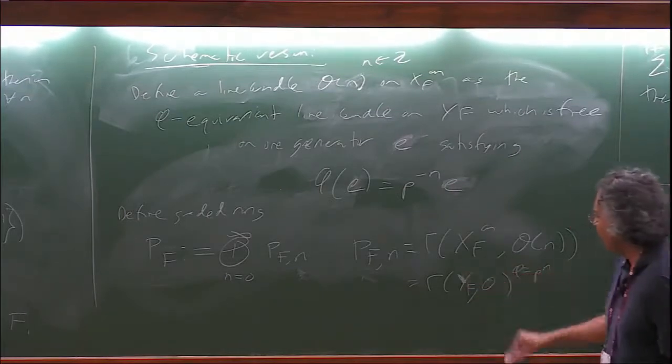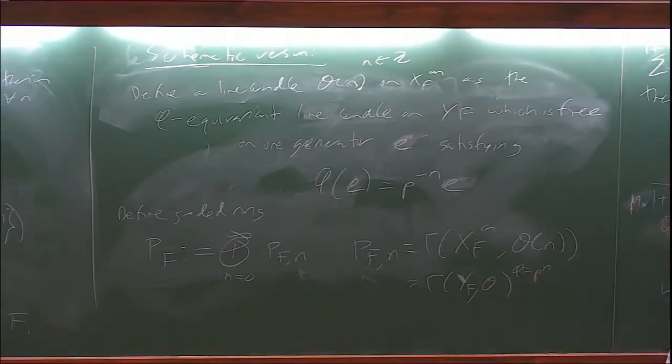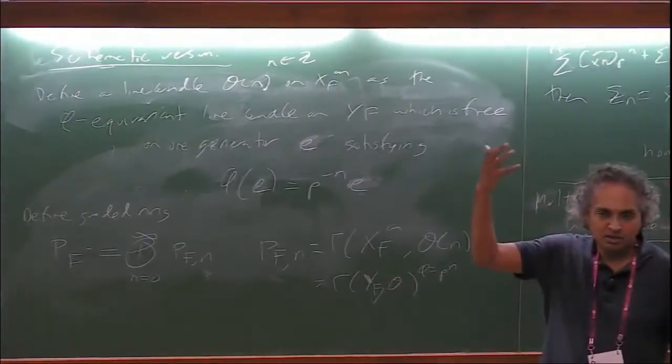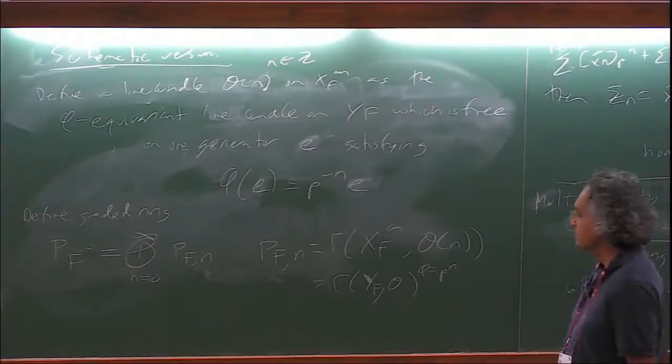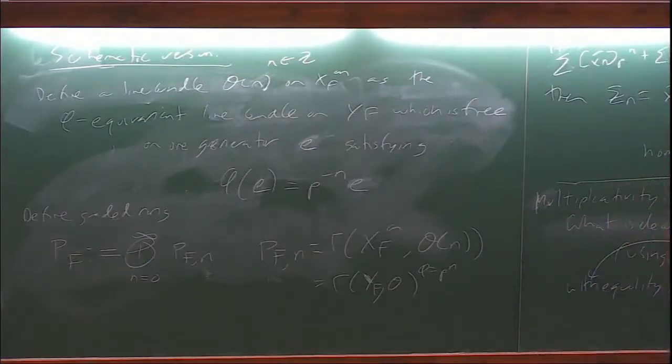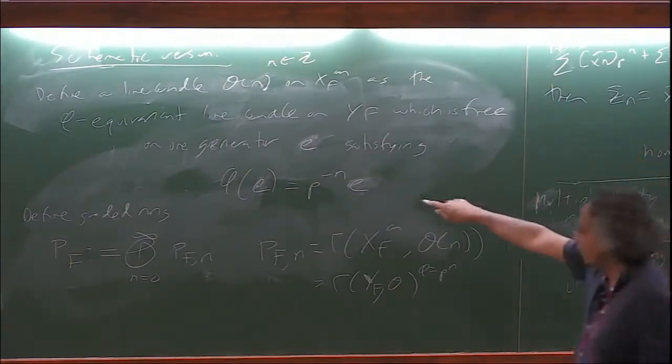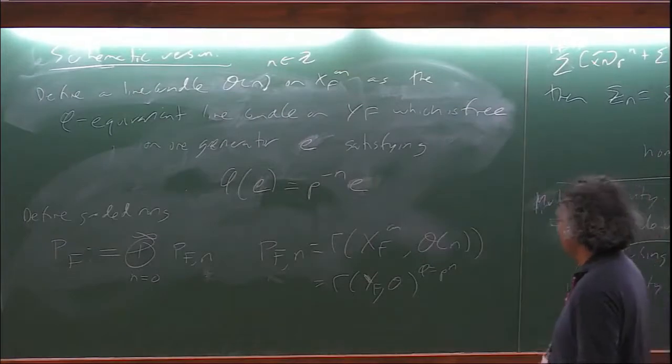So I'm defining a line bundle on X_F by specifying a phi-equivariant line bundle on the cover by phi. If you didn't keep track of phi, it would be trivial, but it has a non-trivial action of phi on it.